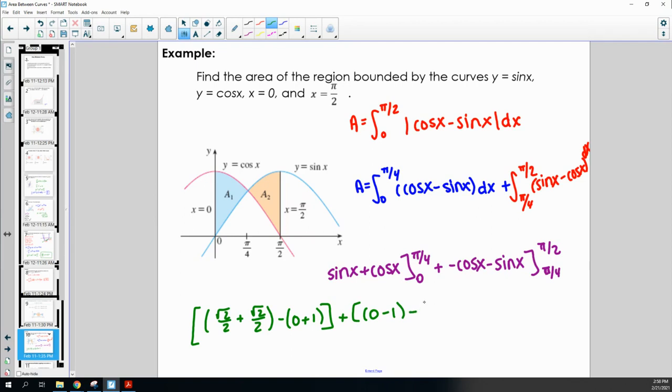And then minus plugging in pi over 4. So negative cosine of pi over 4 is negative root 2 over 2, minus the sine of pi over 4, which is root 2 over 2. Okay, so we plug everything in correctly. Great. If you go ahead and simplify this, we end up with 2 root 2 minus 2 as our final answer.